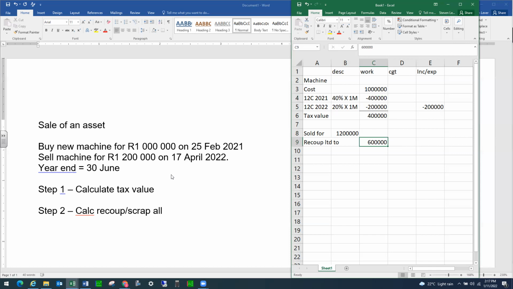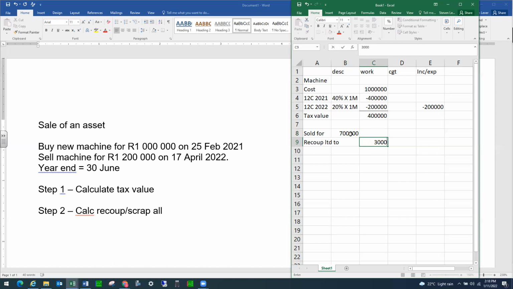If I sold it for 900,000, what would happen? It's going to be 500. Does that make sense? Yes, it would be 900 less 400, which gives you 500. But with this one, your recoupment's limited. So if I had 700 there, what would happen?